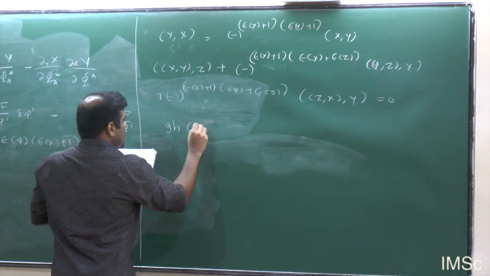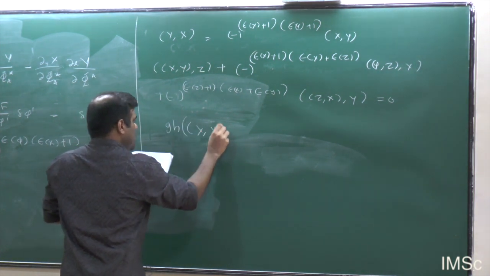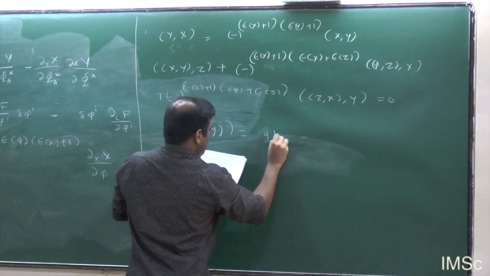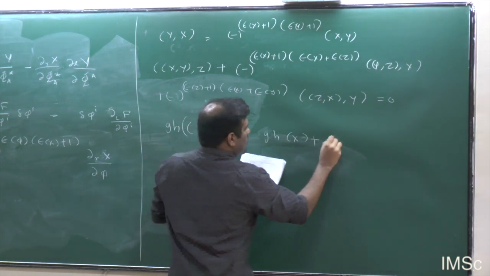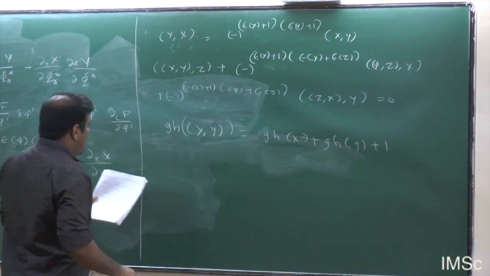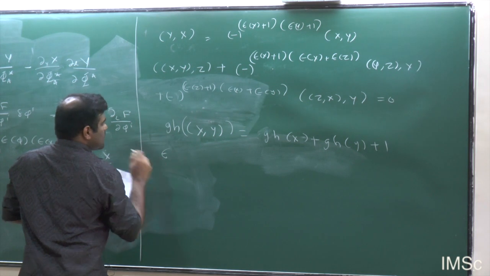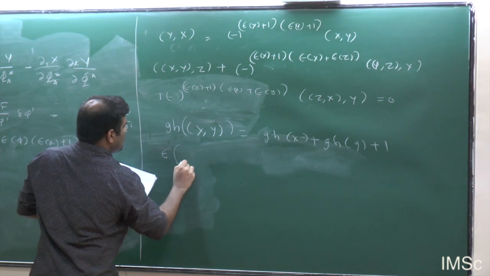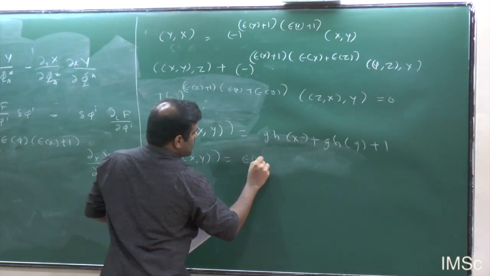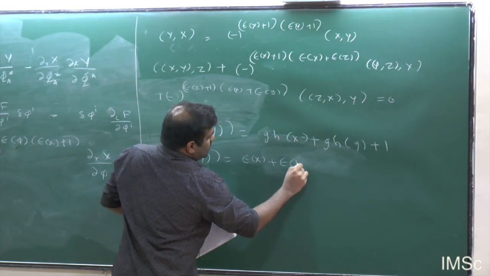And you can check the ghost number for the anti-bracket. The ghost number of the anti-bracket of xy is given by the ghost number of x plus the ghost number of y plus 1. And the statistics or the Grassmann-ality of the anti-bracket of xy is given by the Grassmann-ality of x plus the Grassmann-ality of y plus 1.